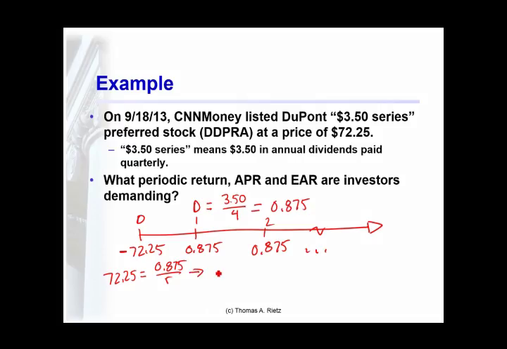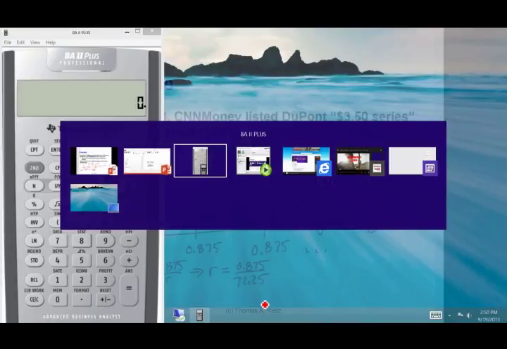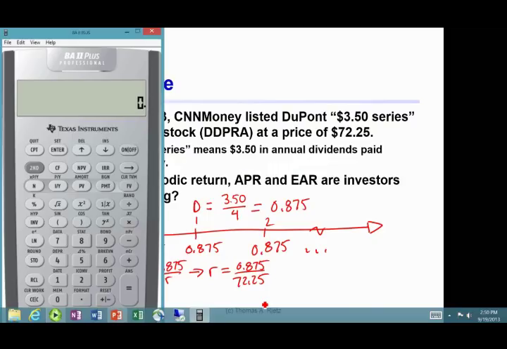Cross multiplying gives the required return per quarter, $0.875 over $72.25. The quarterly return is 1.211%, 1.2111 rounding.